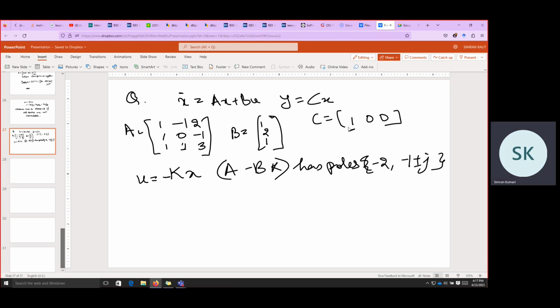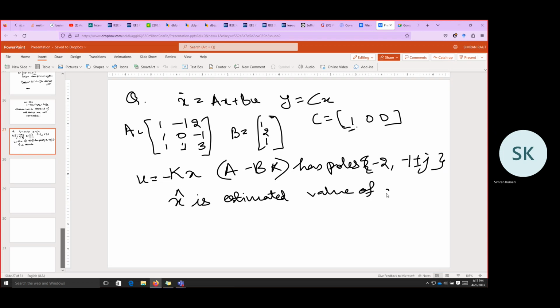And since the output is just x1, x2 and x3 are not measurable, we try to estimate x by x hat. X hat is the estimated value of x using a full order observer.